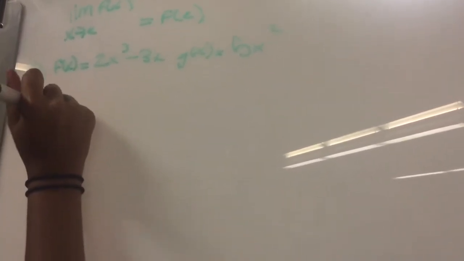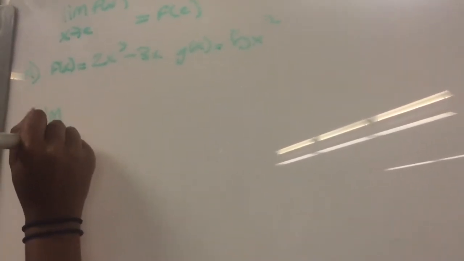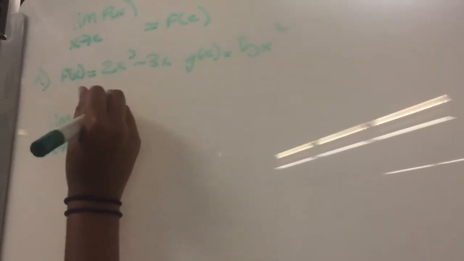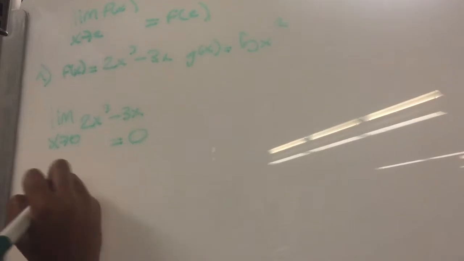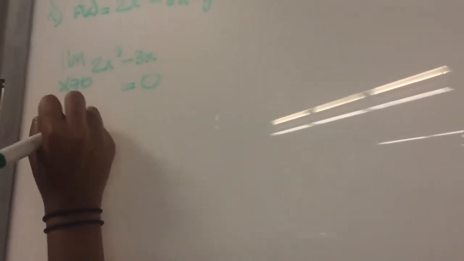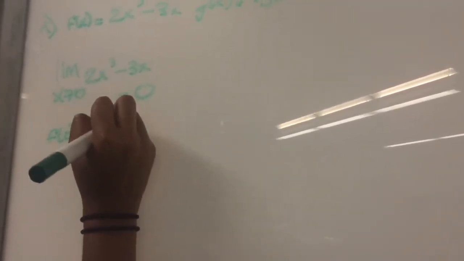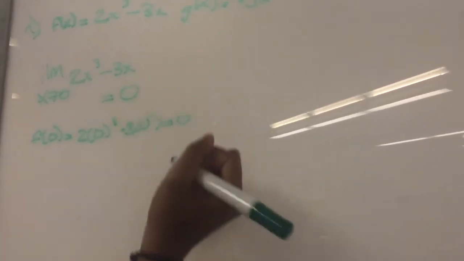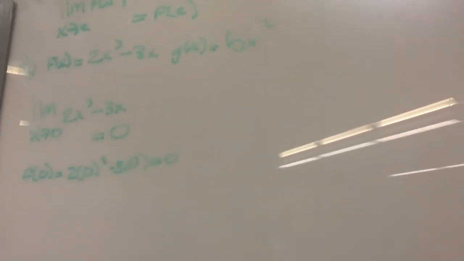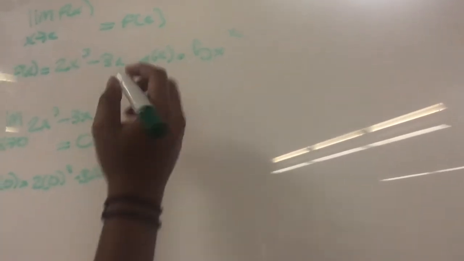So the limit as x approaches 0 of 2x cubed minus 3x would equal 0. And f of 0 would equal 0 as well. So that is continuous at 0.